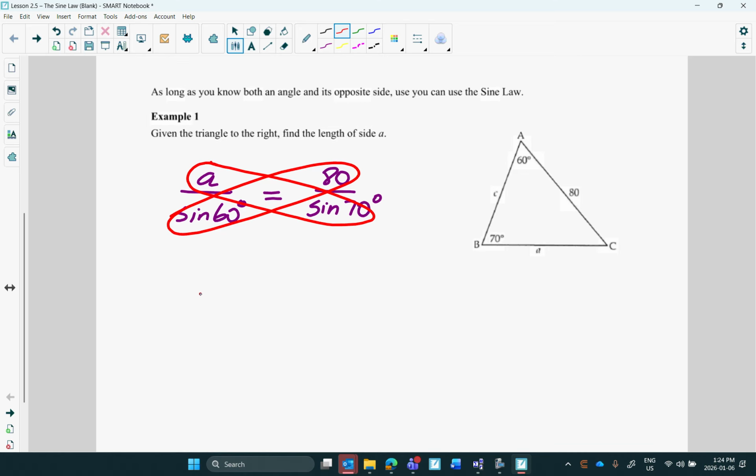So that's a way that we can get rid of the fractions. So A times the sine of 70 degrees will be the same value as the other multiplication, 80 times the sine of 60 degrees.